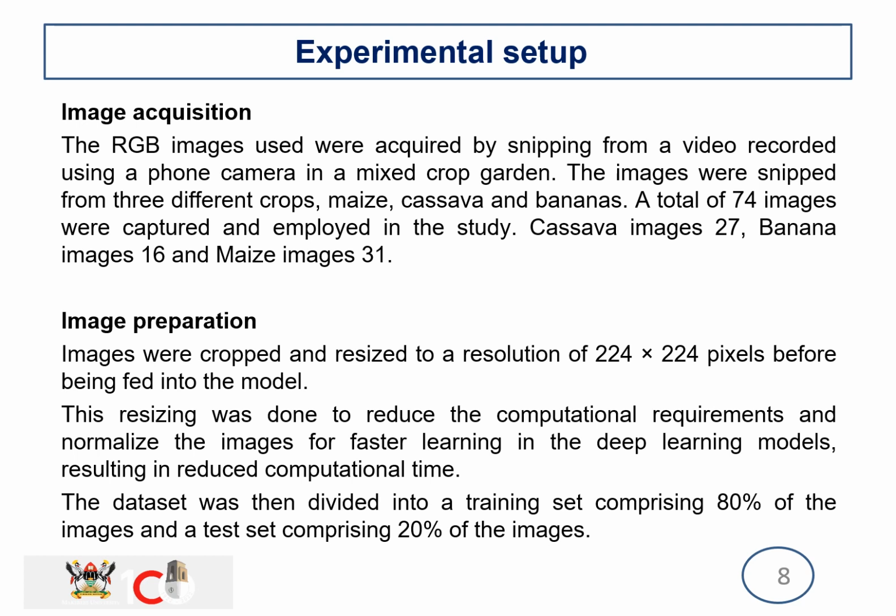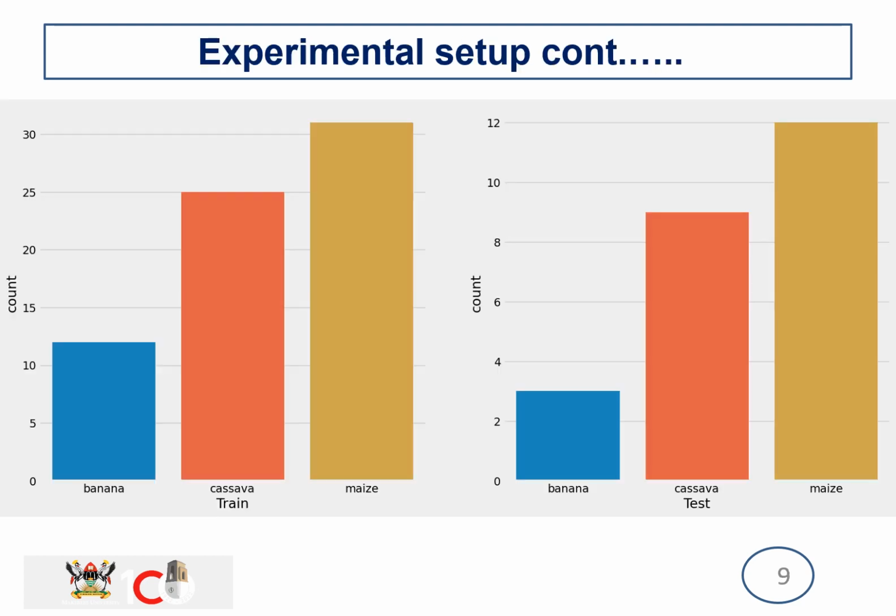We also resized them to reduce the computational requirements, and normalized the images for faster learning. This is for the deep learning model which was selected. The data set was split into 80% for training and 20% for testing.